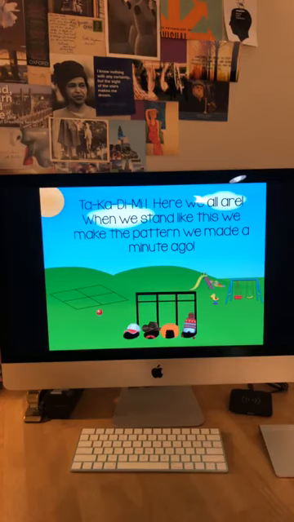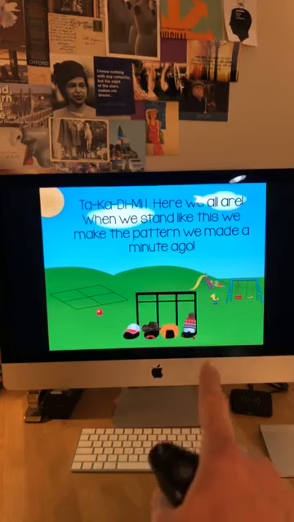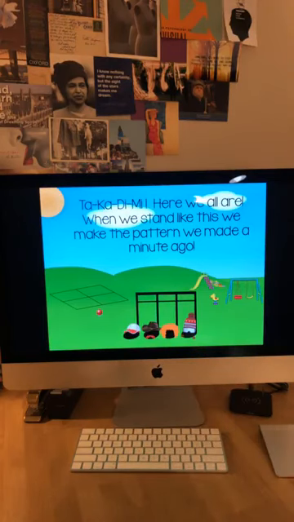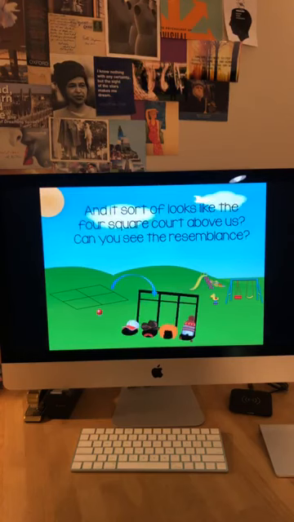I point along to each character so kids see each one as I say Takadimi. Above the characters are rectangles, which mimic the shape of the four square court, and that's going to come back a little later.